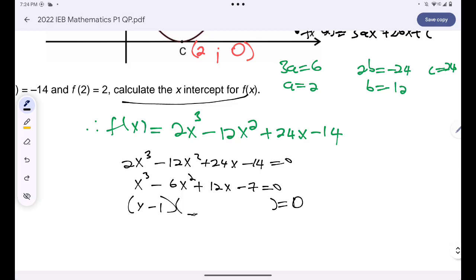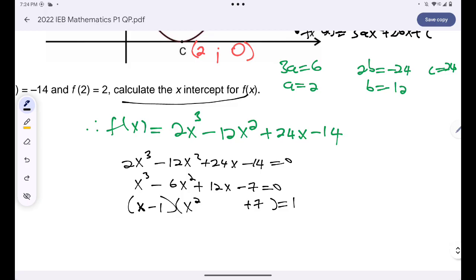Okay, for me to find the first term, I just need to divide x cubed by x. I'll simply get x squared, and then negative 7 divided by negative 1 will give me positive 7.